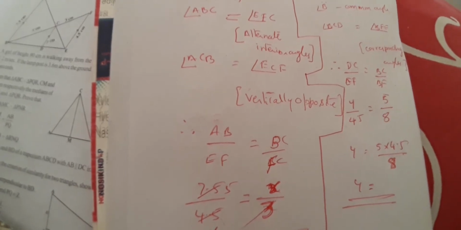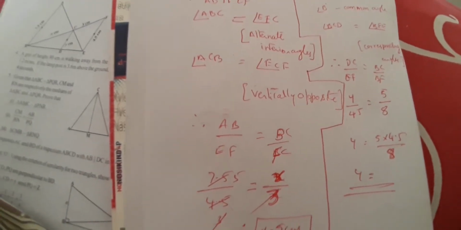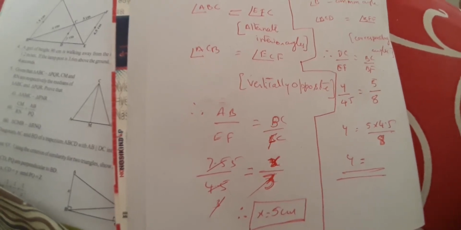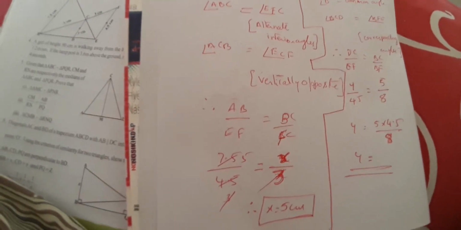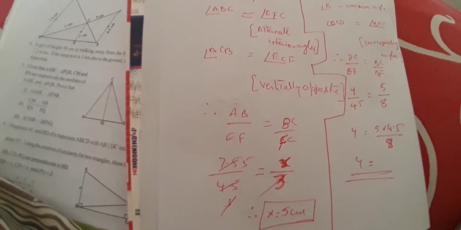Okay, and I am going to teach you the other problems also, but I suggest the children, those who think that you can do by yourself, please do it, because there is no guarantee that the same problems will be appearing in your question paper in the public examination. So it's a must for you to think by yourself. So thinking on your own helps you a lot in solving similar triangles problems. Right. See you again.